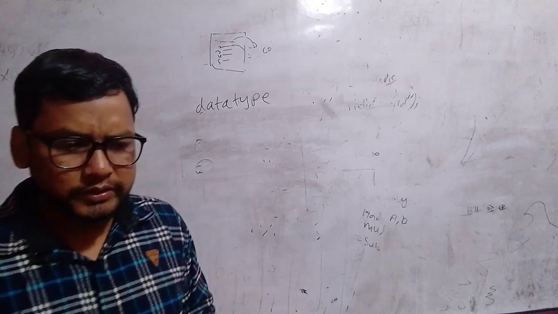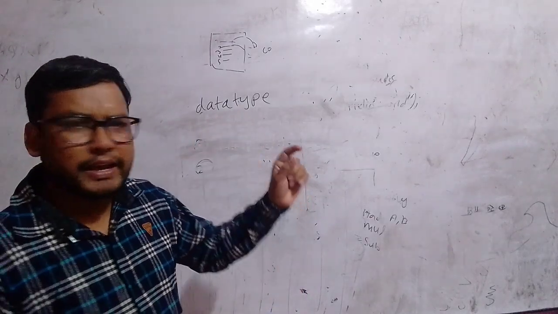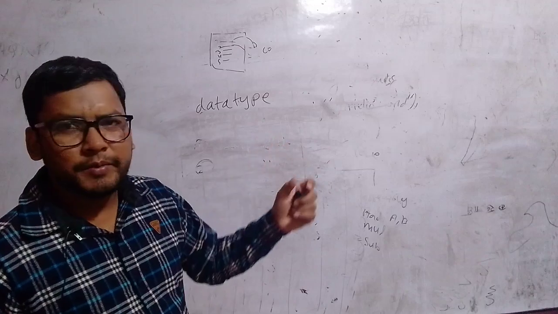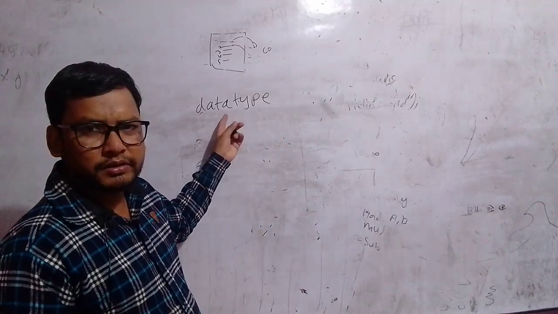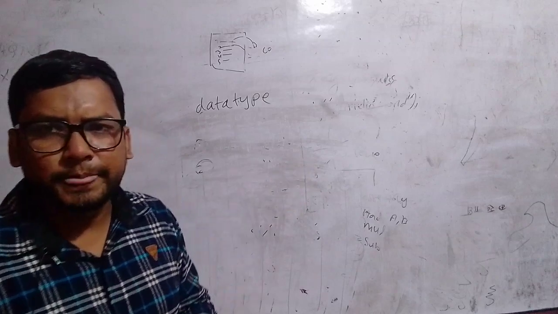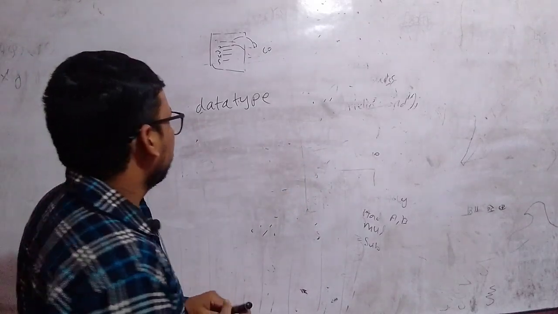And what does type mean? Type means its character: how much memory it consumes, and what type of values the data can hold. This is called the data type.